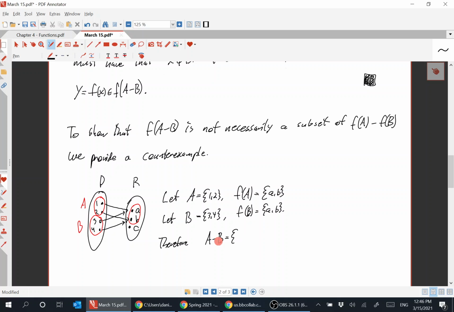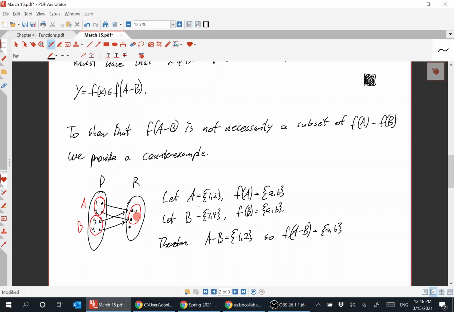Now A minus B, not image of A minus image of B. Here's A, here's B. It's everything that's in A but not in B. 1 and 2. Yeah, 1 and 2. It's just A itself. Therefore the image of A minus B is little a, little b again. I think maybe these letters are confusing.